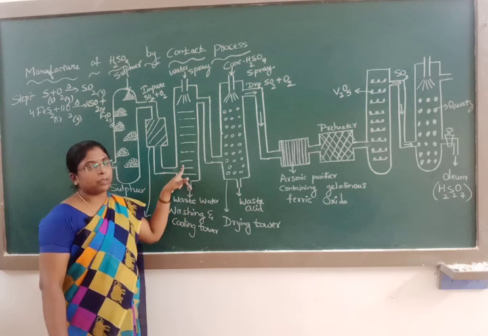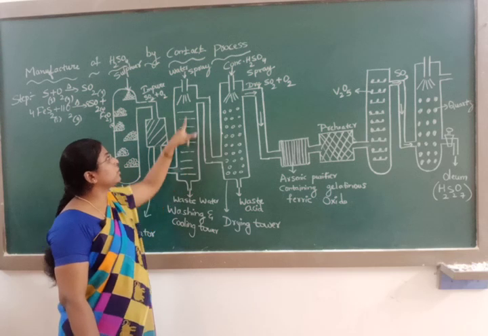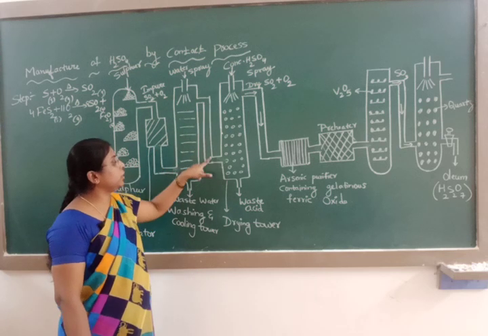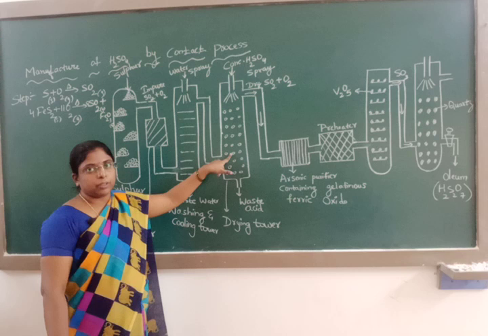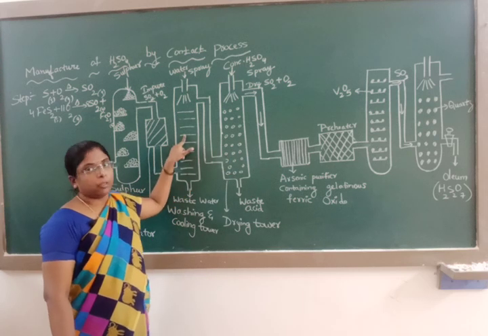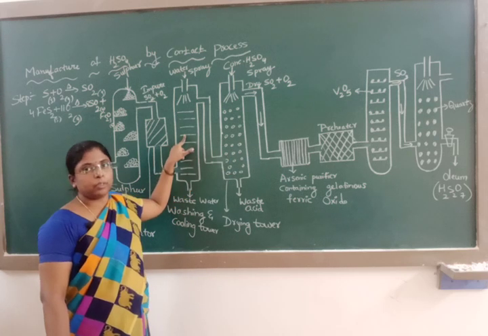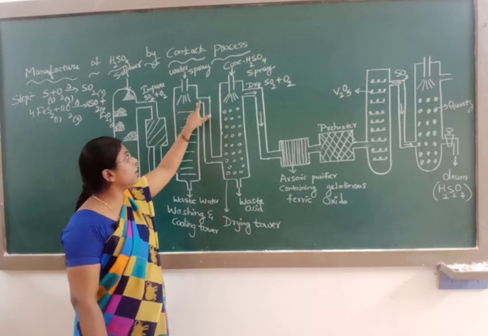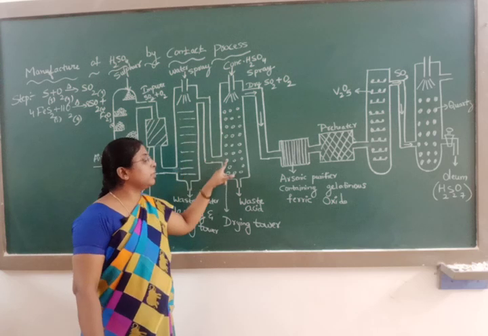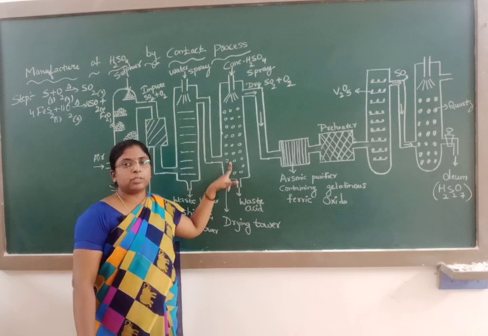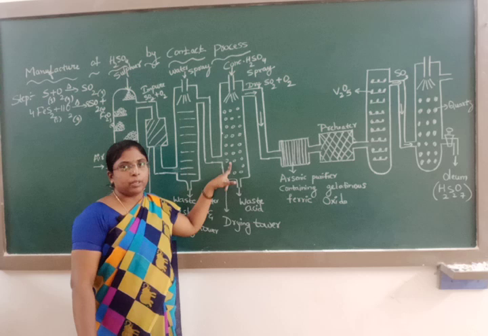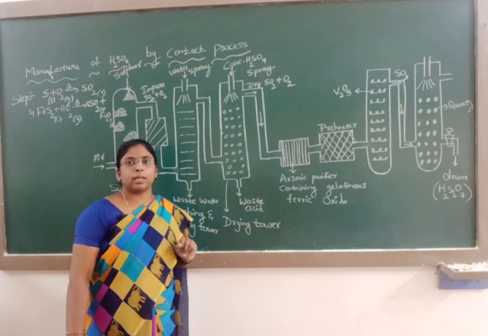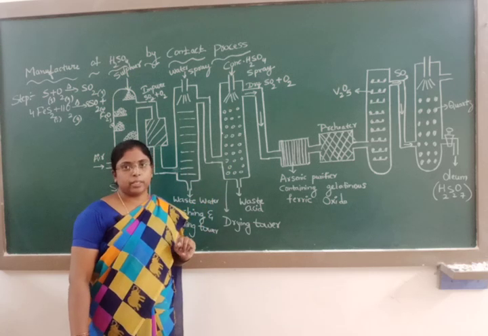Now, the sulfur dioxide along with the oxygen is passed into a drying tower. Since we sprayed water in the washing tower, some moisture is present, and we have to remove it. You know that sulfuric acid acts as a dehydrating agent.